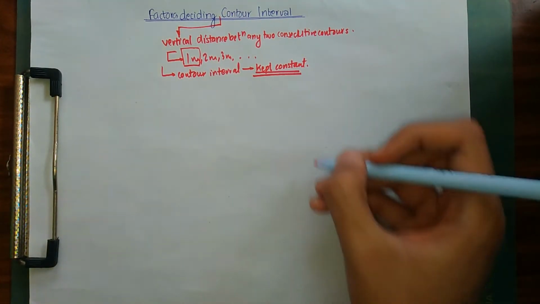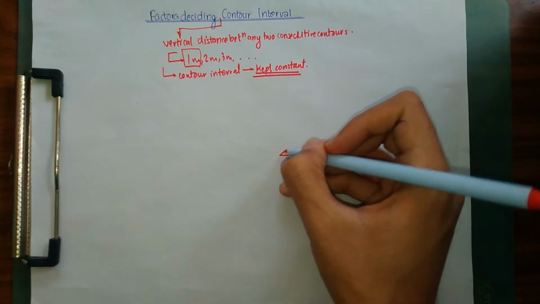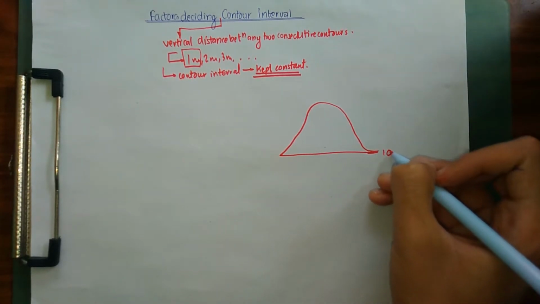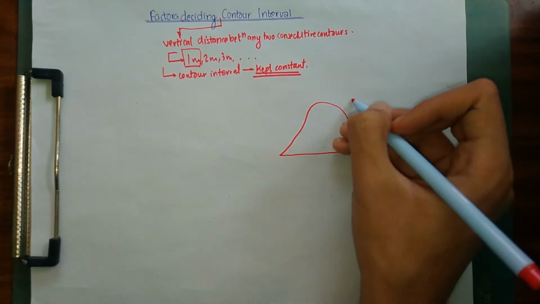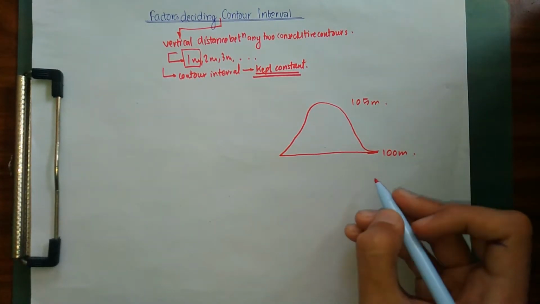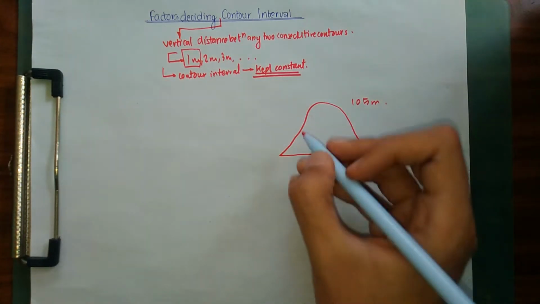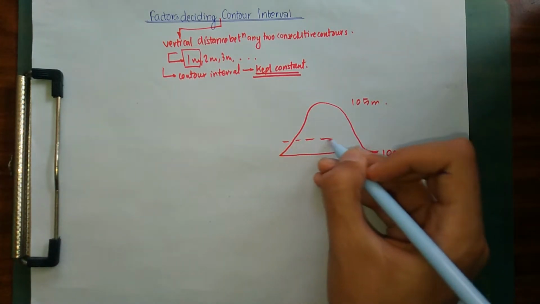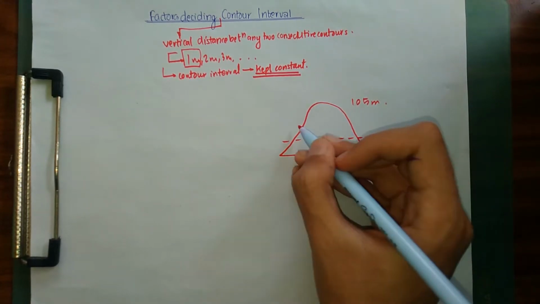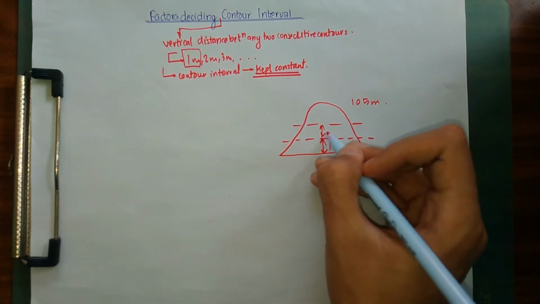Let's say I have a certain slope over here. And let's say the base of the slope is at 100 meter and the top of the slope is at 105 meter. Now if I have to draw contour lines, let's say I choose a contour interval of 1 meter. I'm going to go up a vertical distance of 1 meter, again a distance of 1 meter.